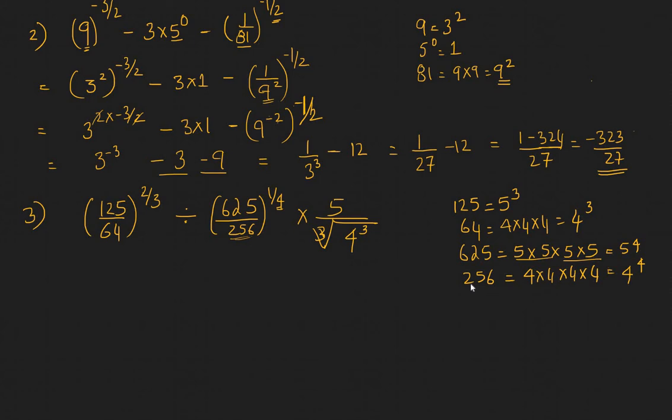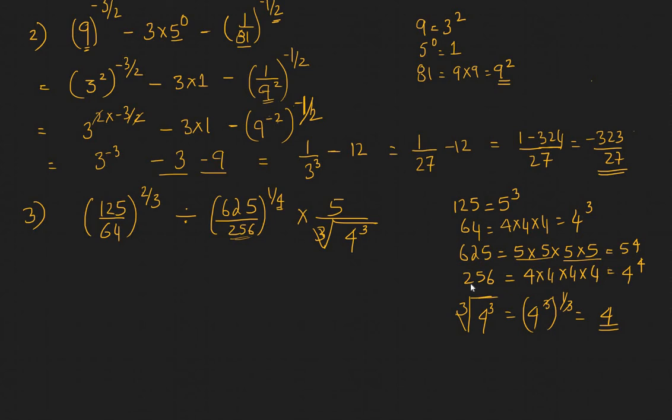Okay, then this one is the cube root of 4 cube. That's nothing but 4 power 3 into 1 by 3, and that's 4, right? Because both of them get cancelled.